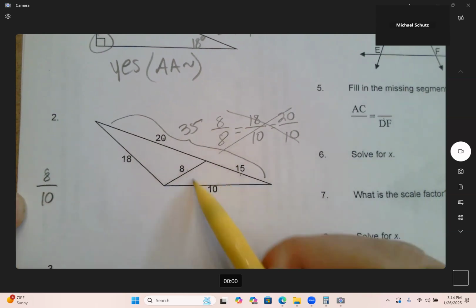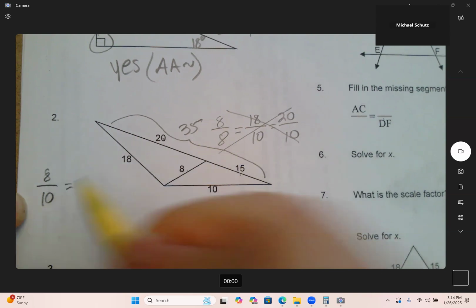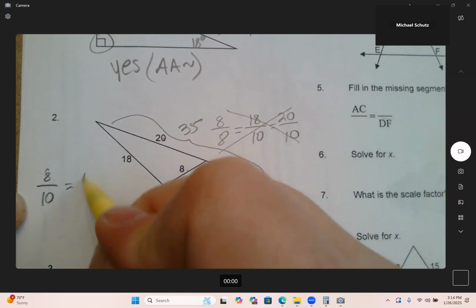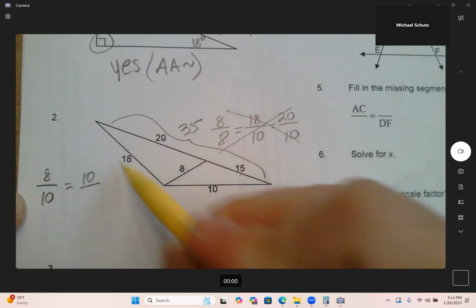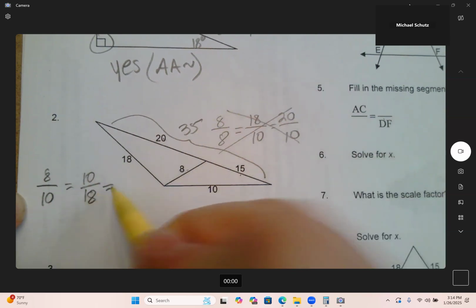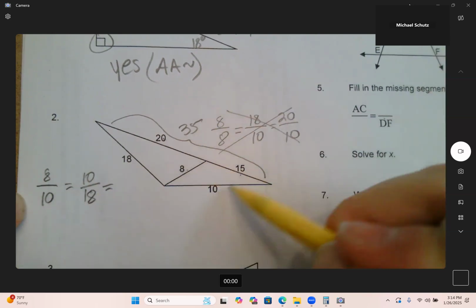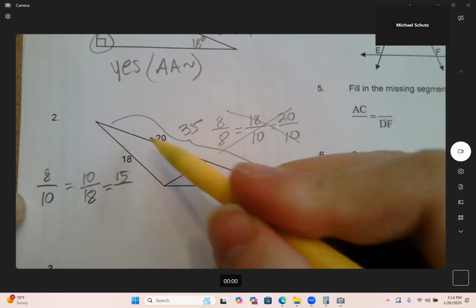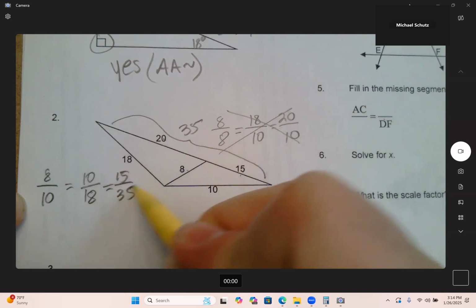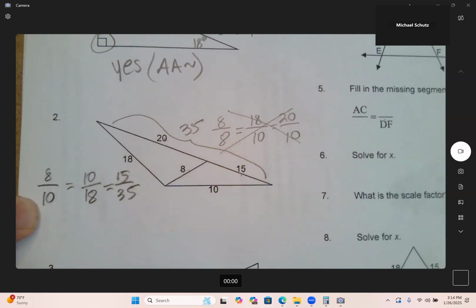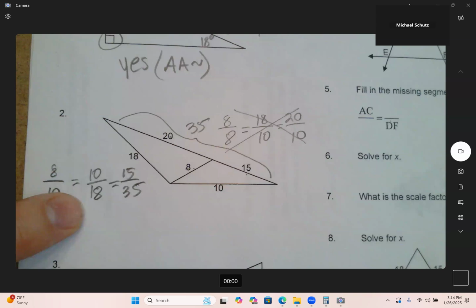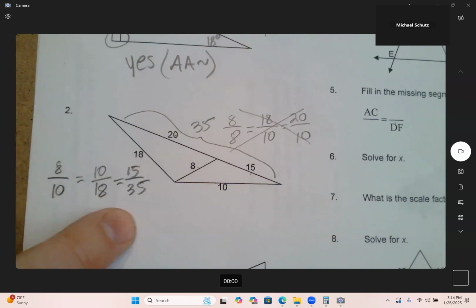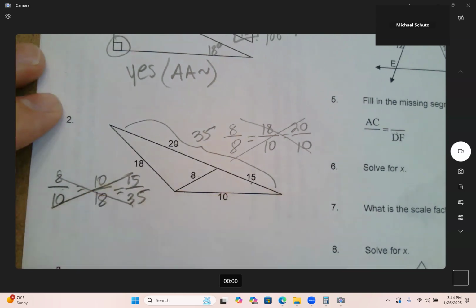The 10 is the medium one here, and in the big triangle, 18 is the medium one. In this small triangle, 15 is the large side, and 35 is the large side. Well, 8 over 10 reduces to 4/5, but 10 over 18 reduces to 5/9, and 15 over 35 reduces to 3/7. So this is not true either.